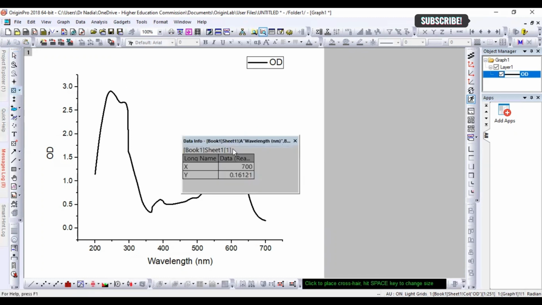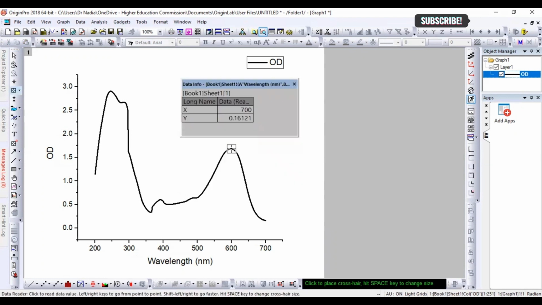So this is 600 nanometer. The optical density is 1.68. We want to know the optical density at 500 nanometer. So 0.64 is the optical density at this nanometer.